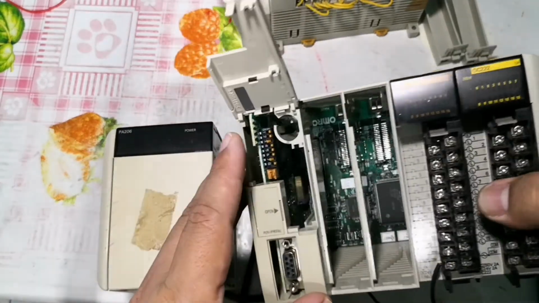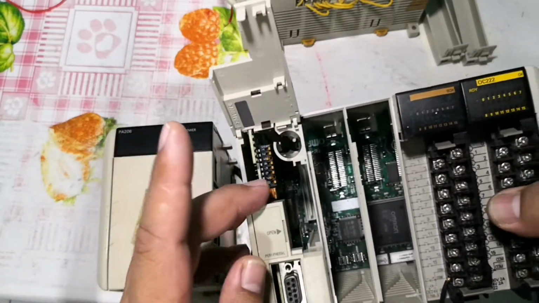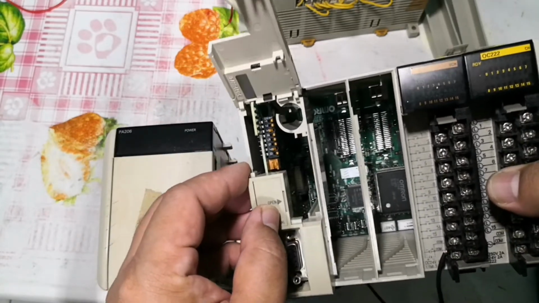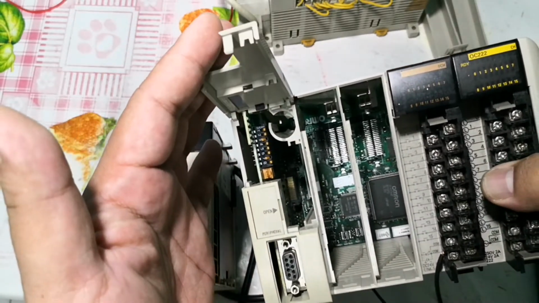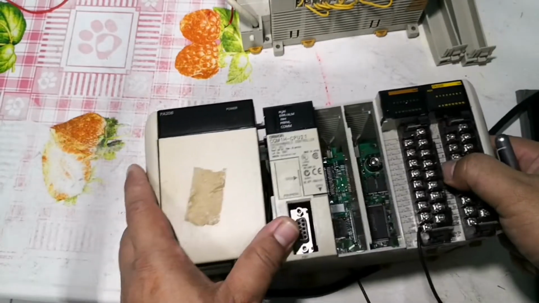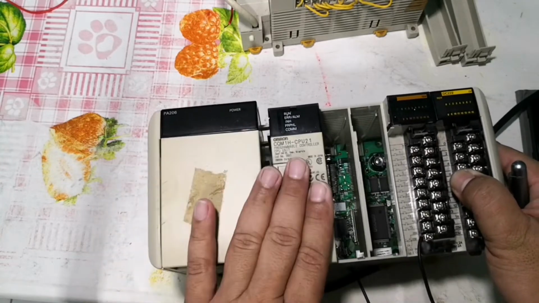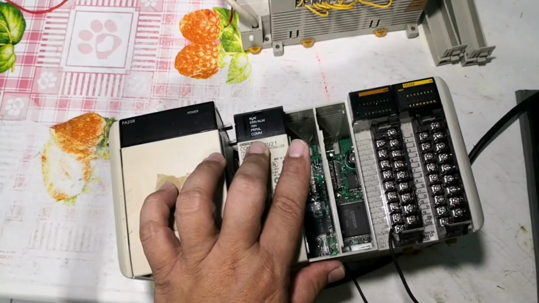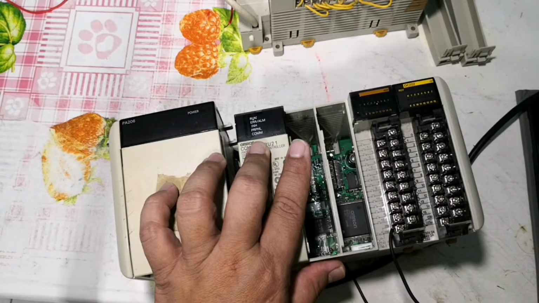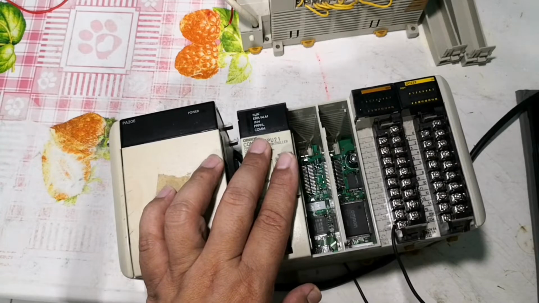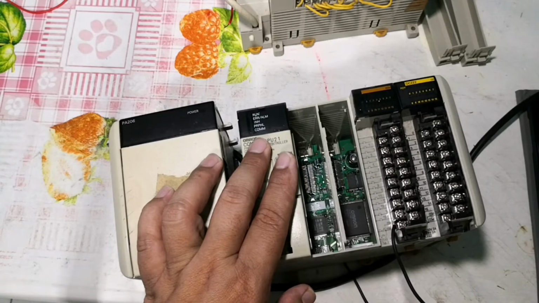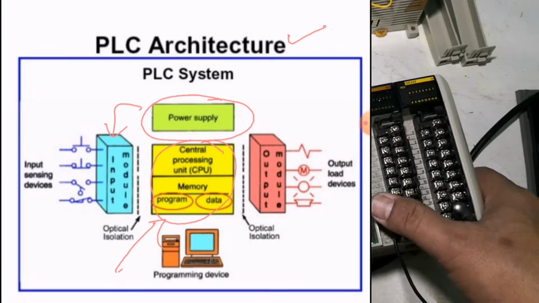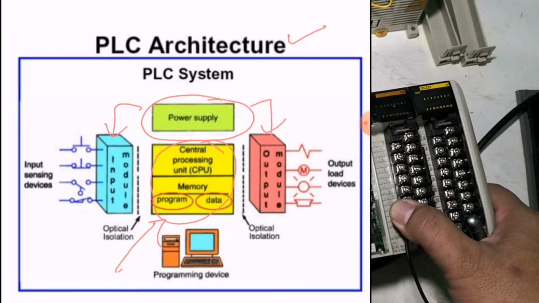All PLCs like this CQM need a battery for the memory, just like your computer, where there is a battery inside your desktop. So the power supply provides power to the CPU and then to the input and output, the input module and output module. So that is the function of the power supply.